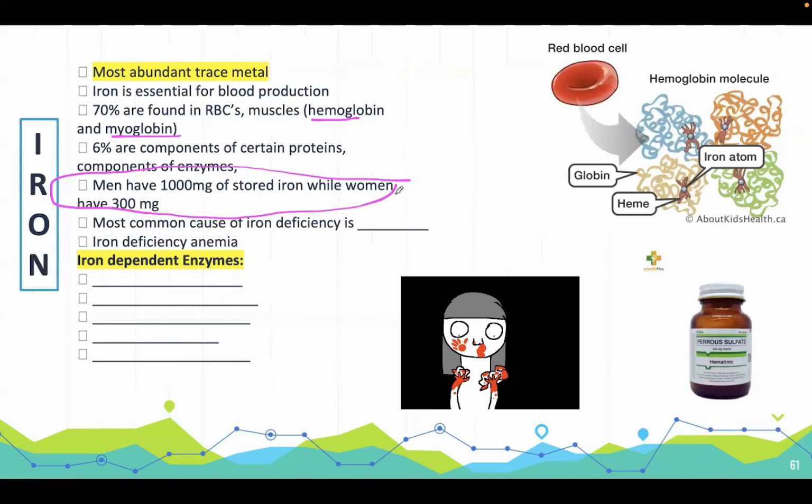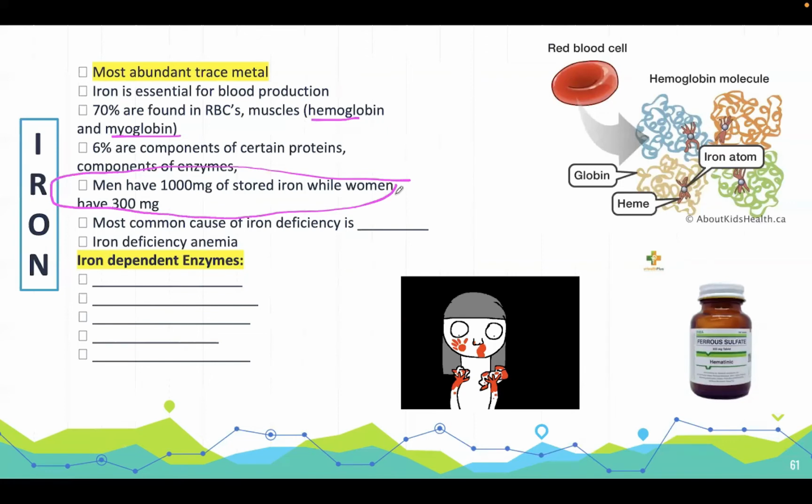But men have greater RBC production compared to women, so they also have more iron storage compared to women. Other than that, women have menstrual periods, and there may be something to do with the bones or body structure. I have to check on that. But the fact today is men have 1,000 milligrams, so they have more stored iron compared to women.